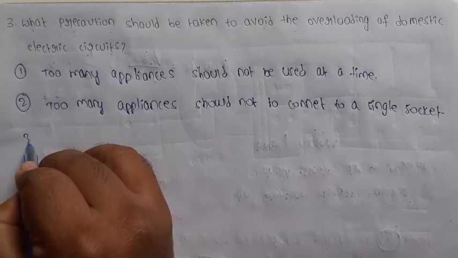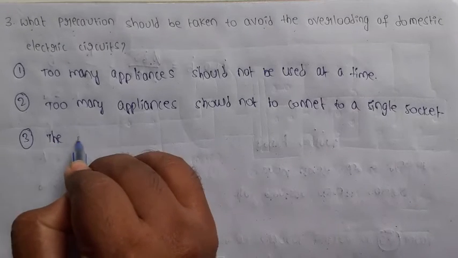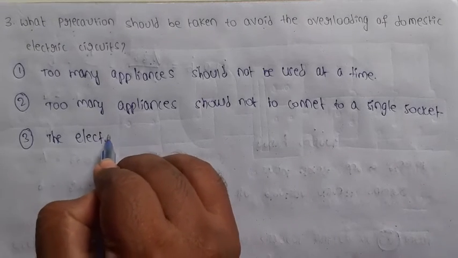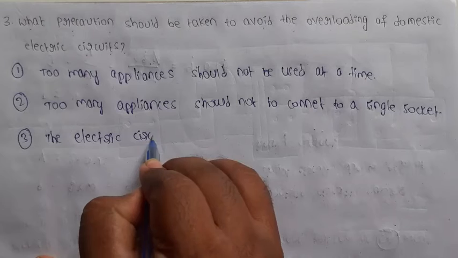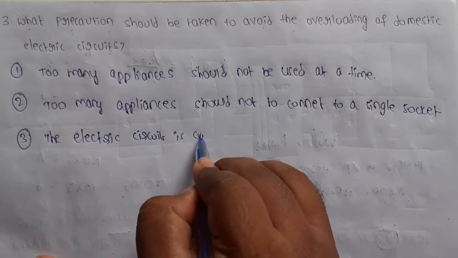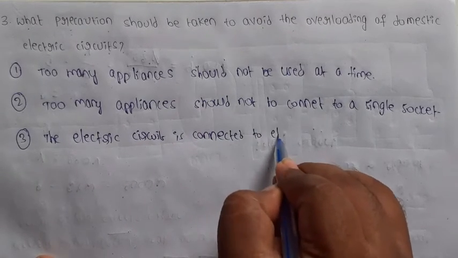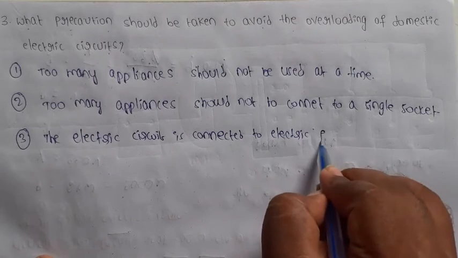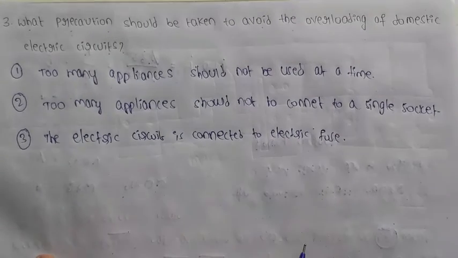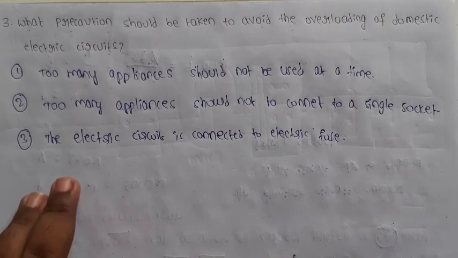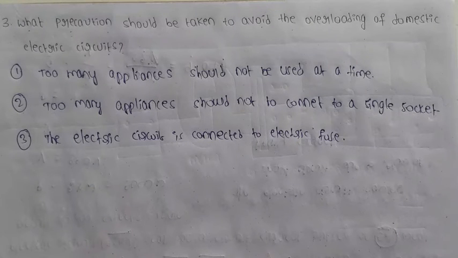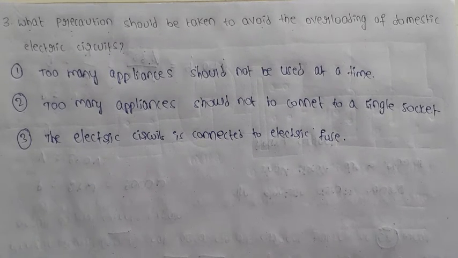Third precaution is the electric circuit is connected to an electric fuse. So these are the three main precautions to avoid the overloading of a domestic electric circuit.